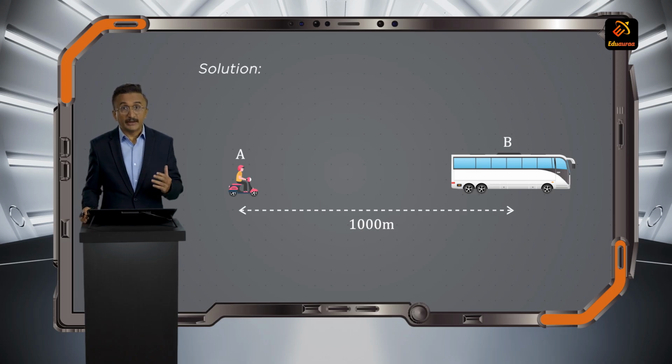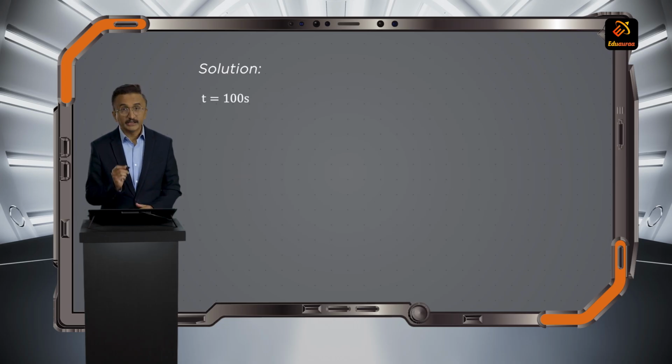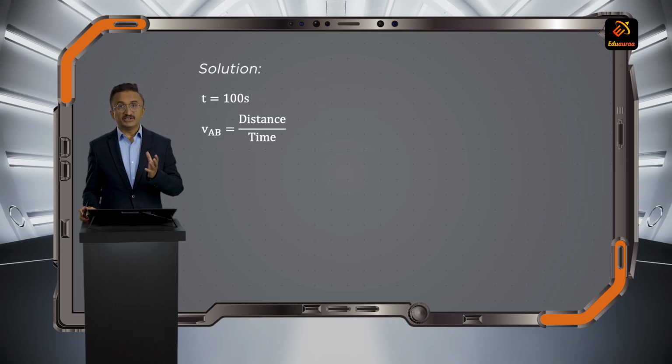And within how much time interval does the person have to overtake the bus? T is equal to 100 seconds. So the time interval must be 100 seconds. So now I can say the relative velocity between A and B, VAB, is the distance upon time.